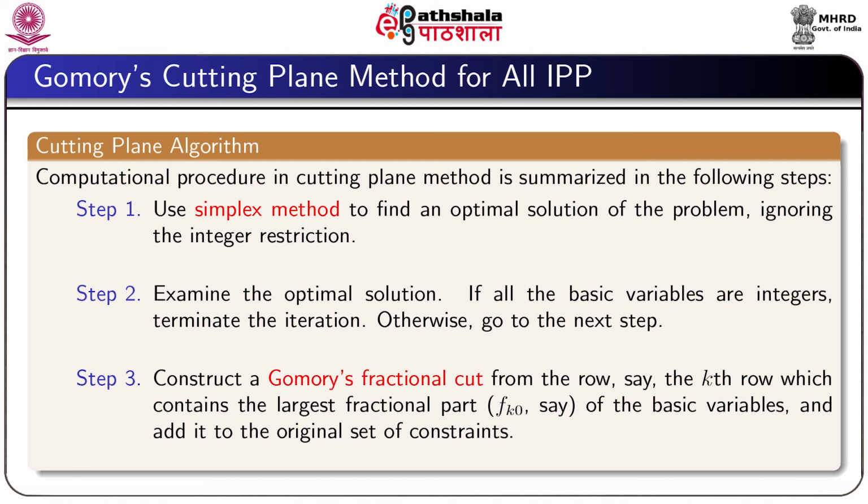Otherwise, we proceed to the next step. Step 3, we construct a Gomori's fractional cut from the row, say the kth row, which contains the largest fractional part, say fk0, of the basic variables, and we add it to the original set of constraints.